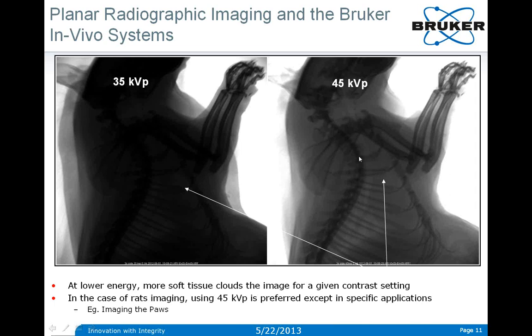The only time that we might recommend using a lower voltage setting is if you were looking at finer bone structure. So if you were looking at the digits, for example, you might want to reduce the X-ray penetration, so you might reduce the voltage setting when you're imaging.